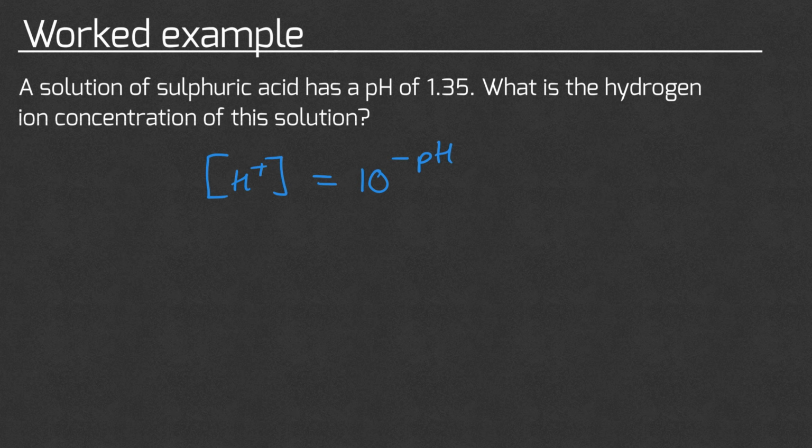Since we need to find the concentration of hydrogen ions, we're going to use the equation H plus equals 10 to the power of minus pH. The next step is to sub in the value, so we're going to rewrite this equation, but rather than writing pH, we're going to write 1.35. All that's left to do now is to put this in our calculator and to come out with the final answer.